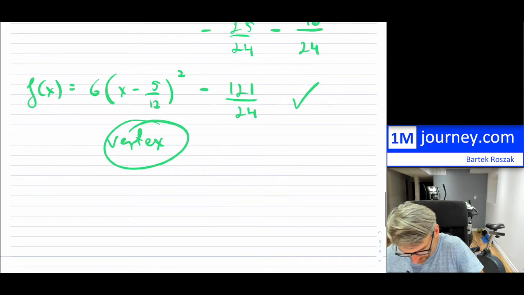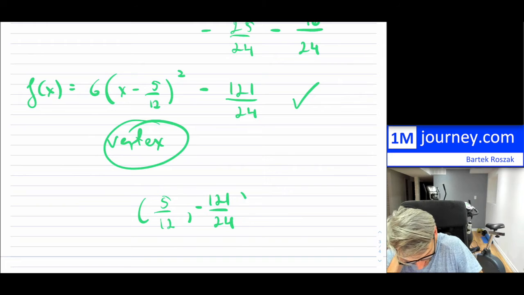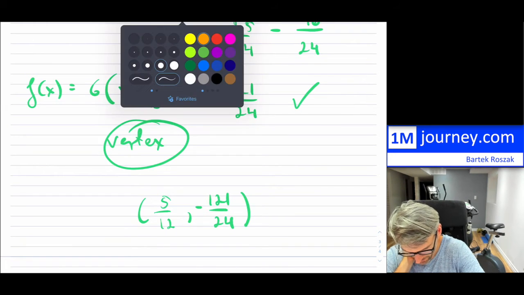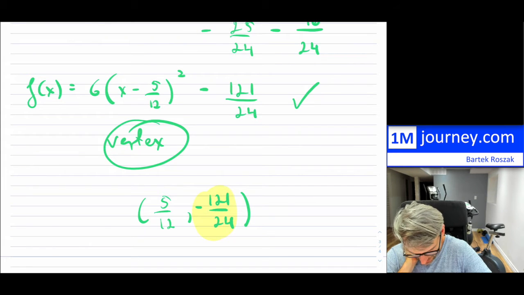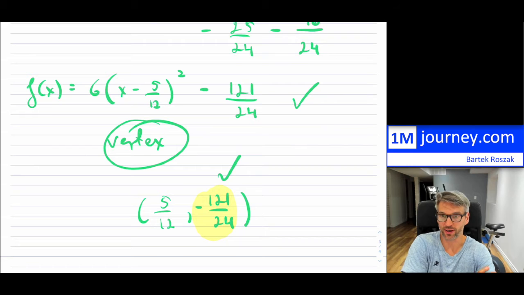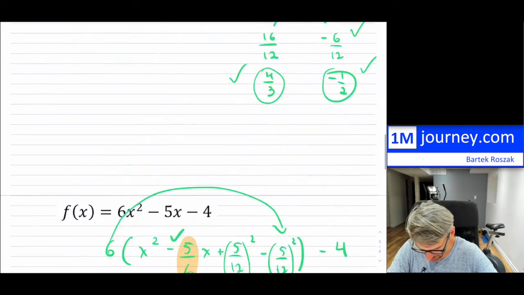So that means our vertex right here is going to be at 5 over 12, and then negative 121 over 24. And this is our minimum. So our minimum is going to be that. Okay? So you can find your minimum that way, and you can put it in. So that answers 2 of the questions. All right, let's take a look and keep going.